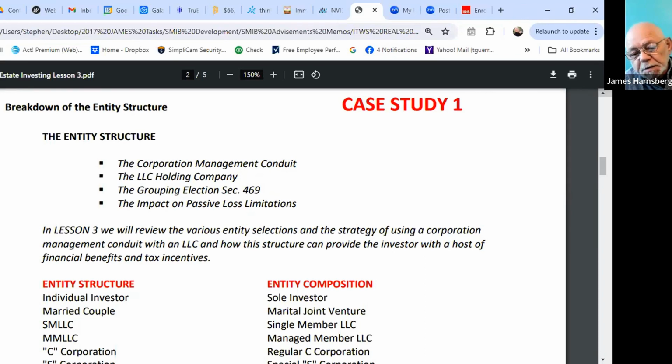This allows you to do some advanced tax planning, both now and in the years ahead, particularly as you'll find next week when we do case study 2, how to avoid the capital gains on a $700,000 profit because you had this set up. And we're going to study that next week on lesson 4 in case study 2.